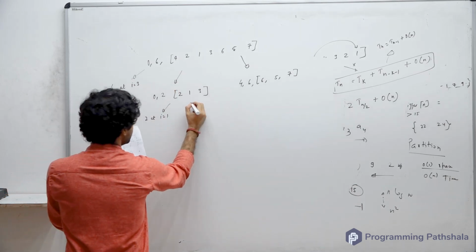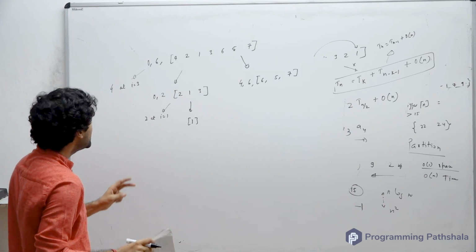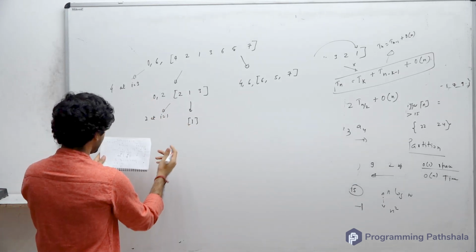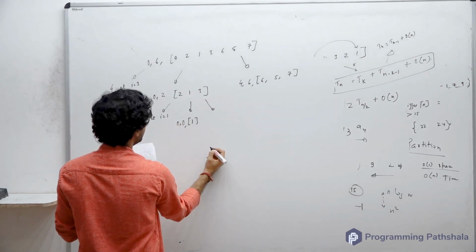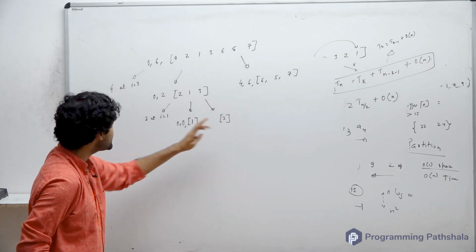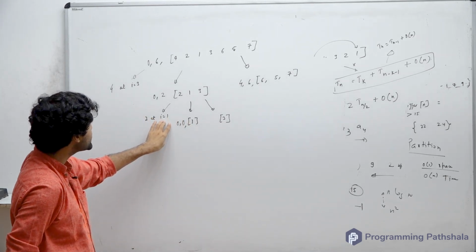Okay, so now you will have 1, and the portion of this will be from 0 to I minus 1, which are from 0 to 0. Similarly, your right problem, it will just have 3 in it. Okay, and this resides towards the right side of I equals to 1, so that will be from I plus 1, which is 2 to 2.